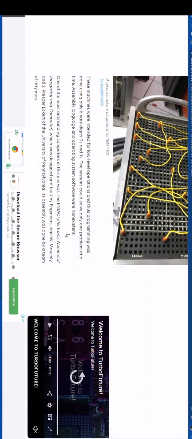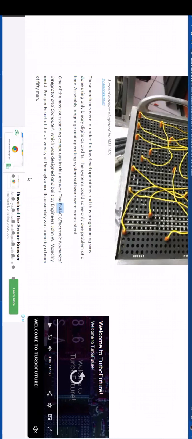Okay. So in that first generation, ENIAC was the name, electronic numerical integrator and computer, which was designed and built by engineers John Mauchly and J. Eckert at the University of Pennsylvania. Its language was zeros and ones.